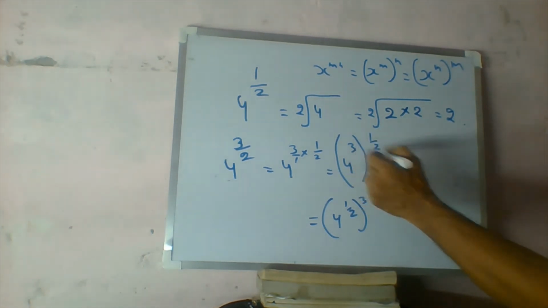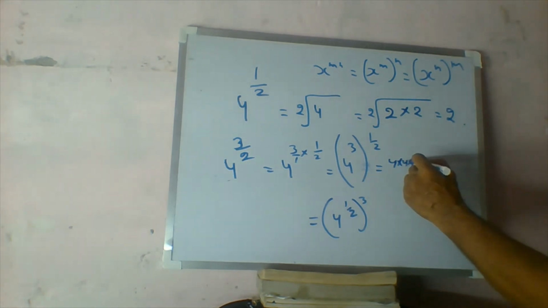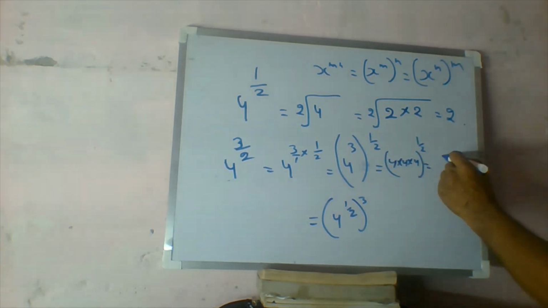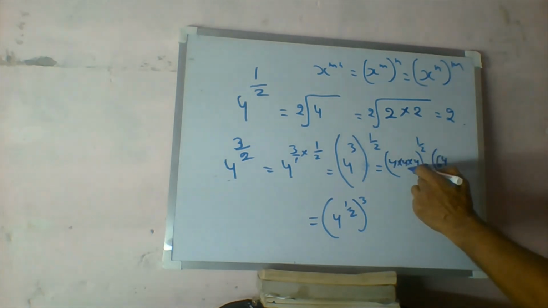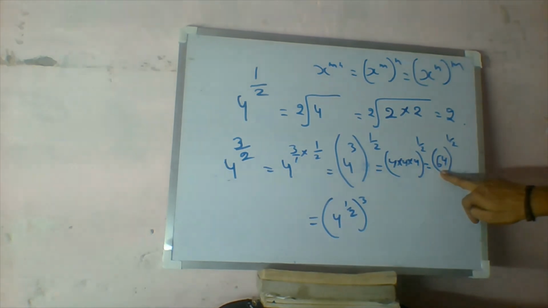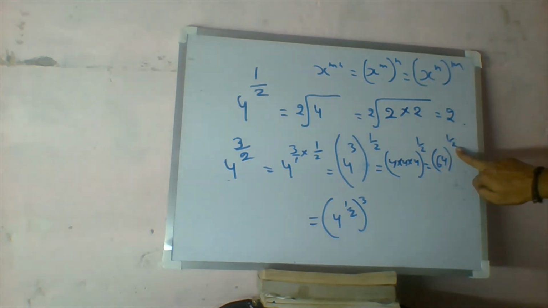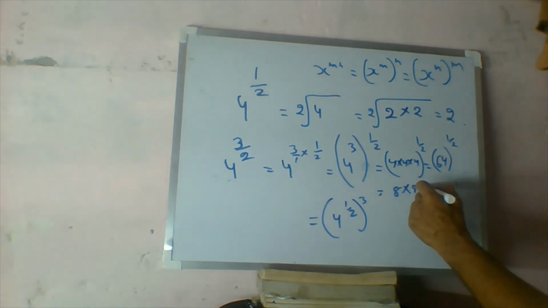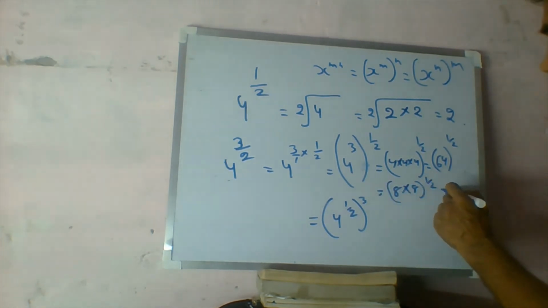So 4 raised to power 3 is 4 into 4 into 4, which is 64, raised to 1 by 2. So it is asking us to find a number that if multiplied by itself twice will be 64, and we know that number will be 8, as 8 into 8 is 64. So the answer is 8.